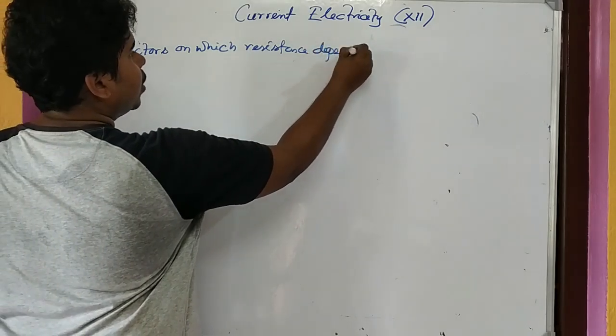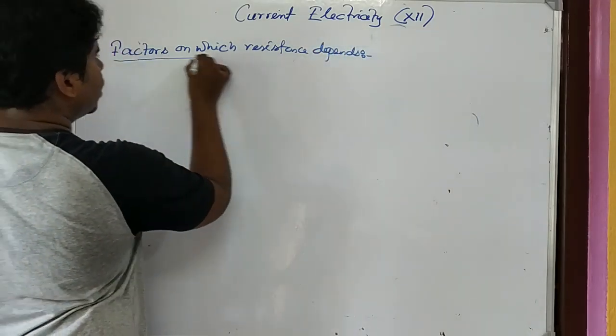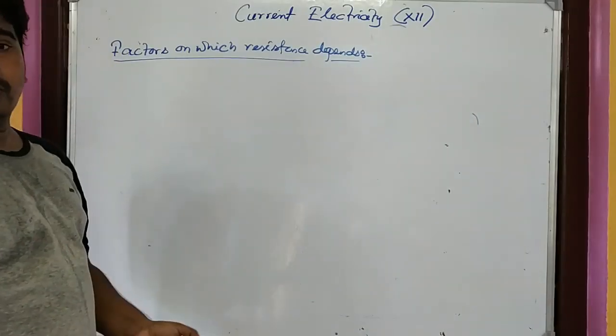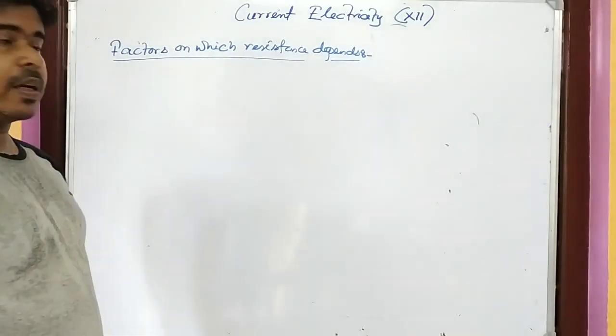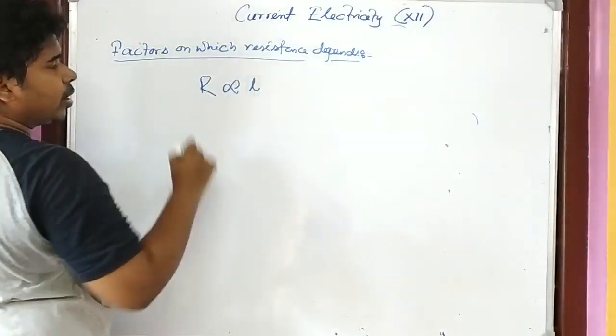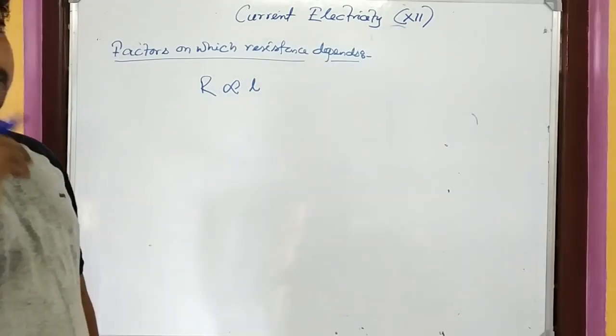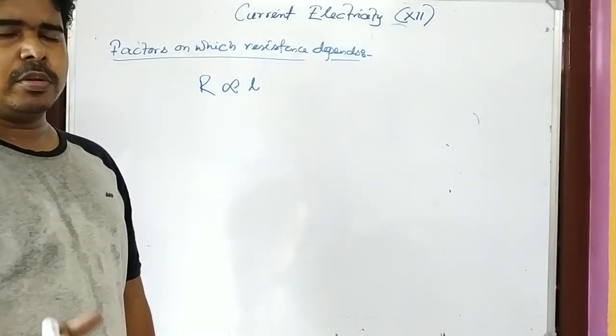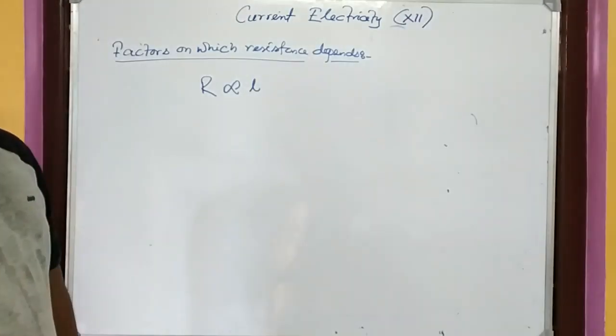And by the way, resistance is also a scalar quantity. It shouldn't have any sort of direction, so that's why it is a scalar quantity. We all know resistance depends on the length of the conductor. Why? I will not give any explanation. You have already got it in class 10. Read the book. If you have not understood, then we will explain.